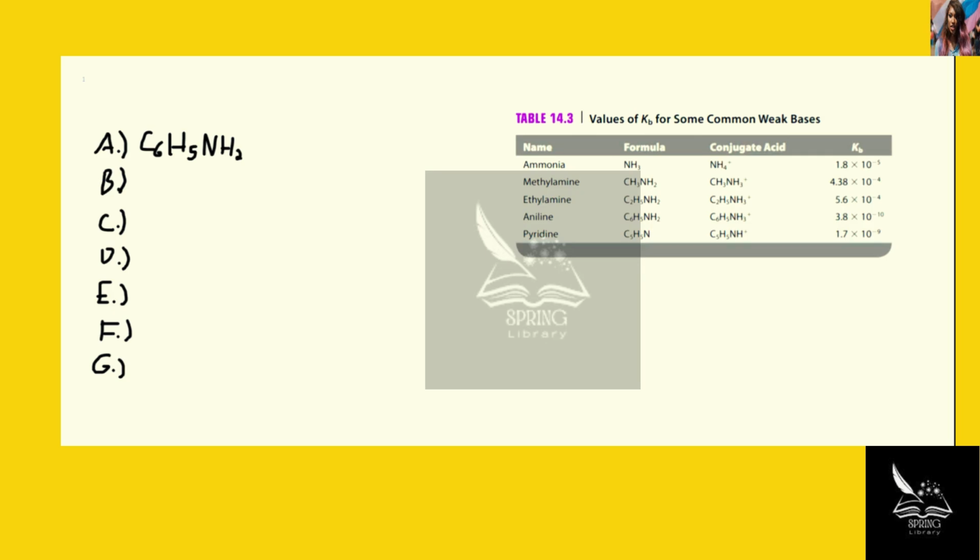Aniline has a Kb of 3.8 times 10 to the negative 10. And so I would say that aniline is going to be more basic, even though it is a pretty weak base.